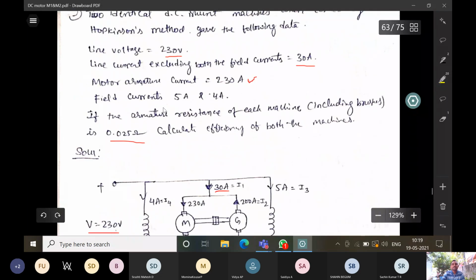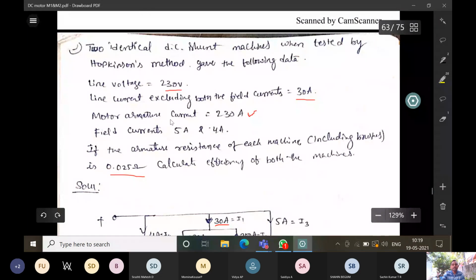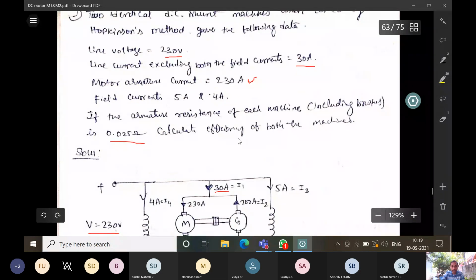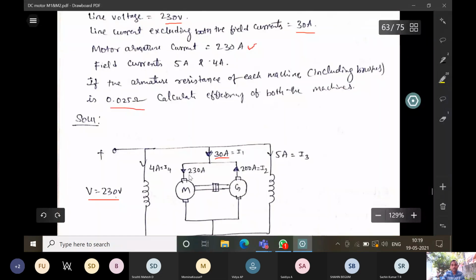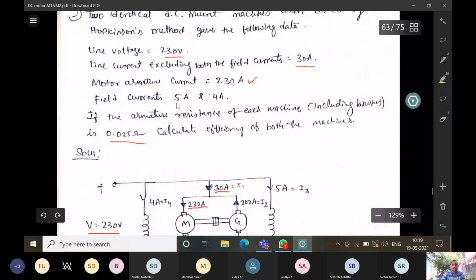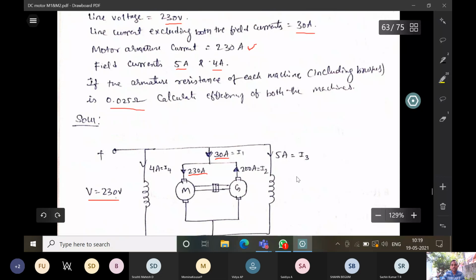Then motor armature current is 230 amps. Field current, one is 5 ampere, that is I3, and I4 is 4 ampere.